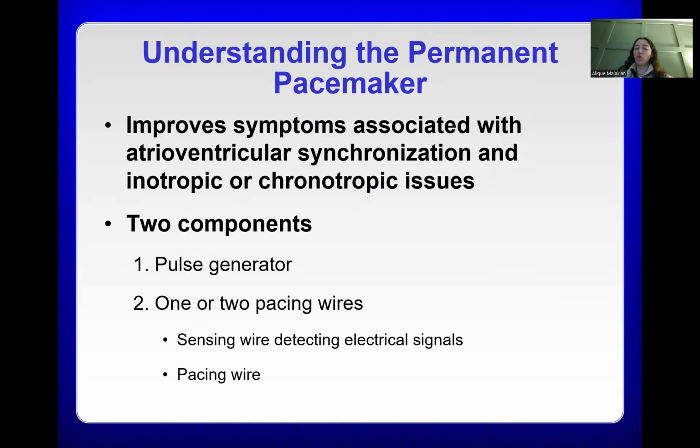The whole goal for these wires is a sensing wire detecting electrical signals and then a pacing wire. So the whole goal is to basically make that SA node work better because in this population, it's not working at a normal rhythm.